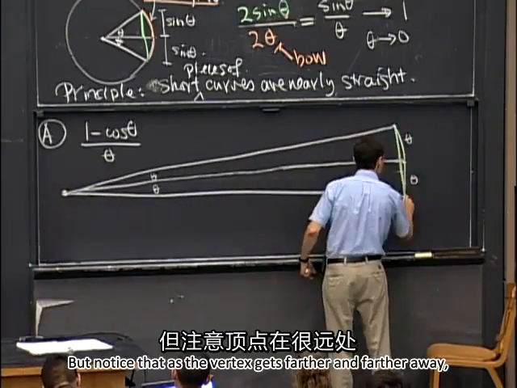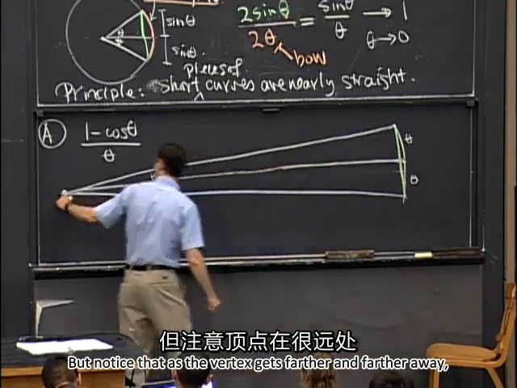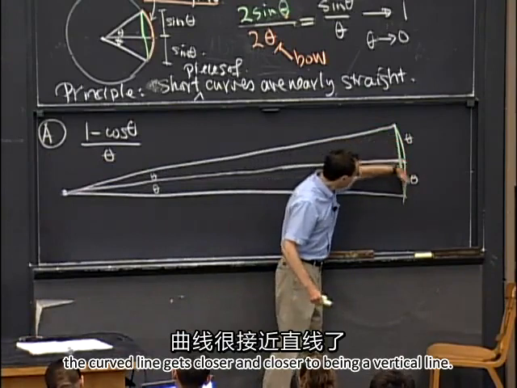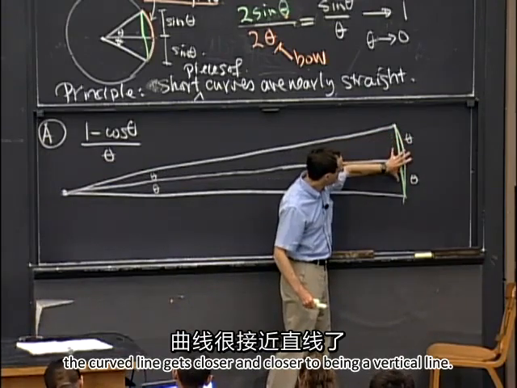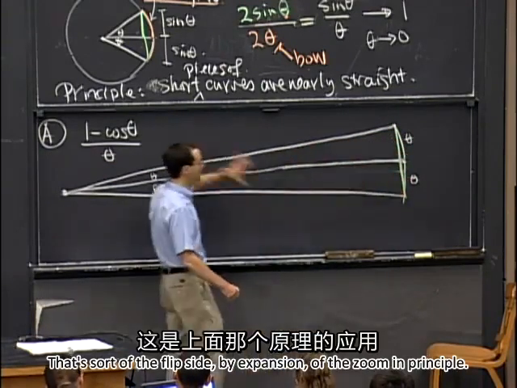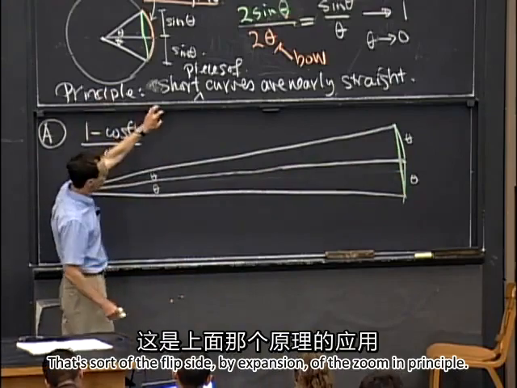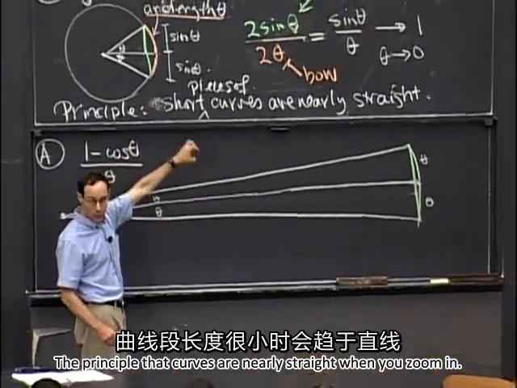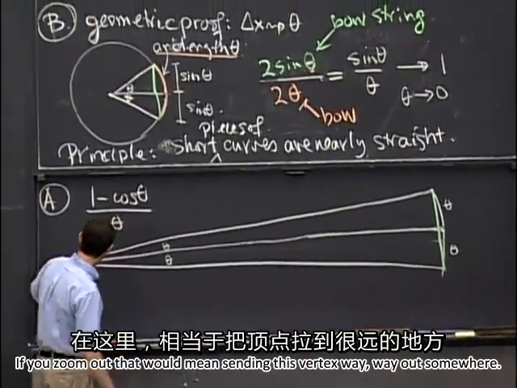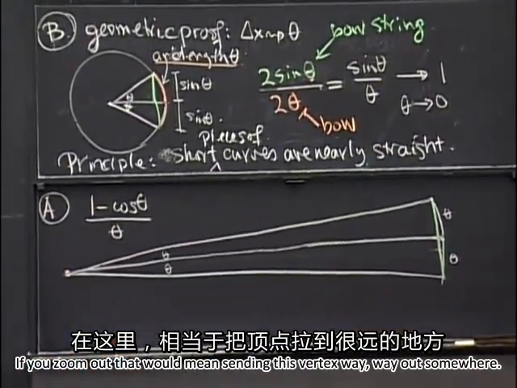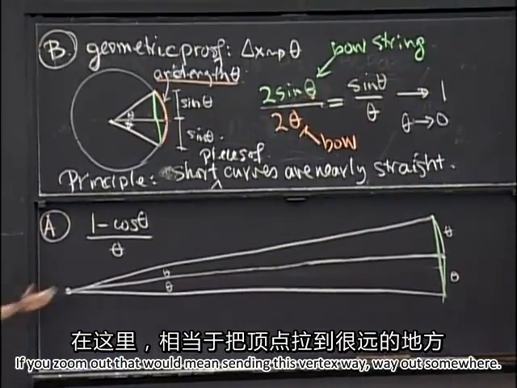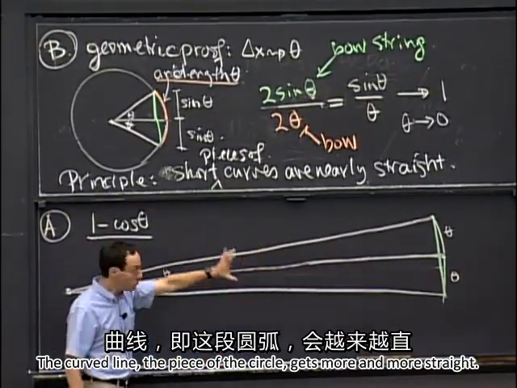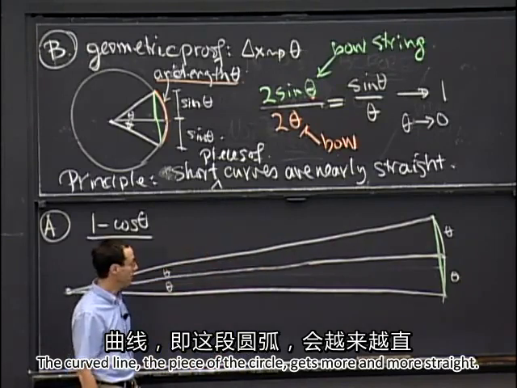But notice that as the vertex gets farther and farther away, the curved line gets closer and closer to being a vertical line. That's sort of the flip side, by expansion, of the zoom-in principle, the principle that curves are nearly straight when you zoom in. If you zoom out, that would mean sending this vertex way, way out somewhere. The curved line, the piece of the circle, gets more and more straight.